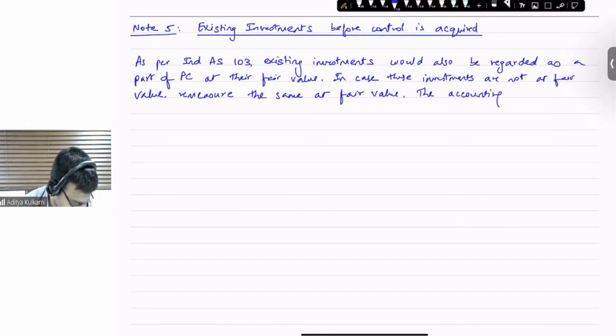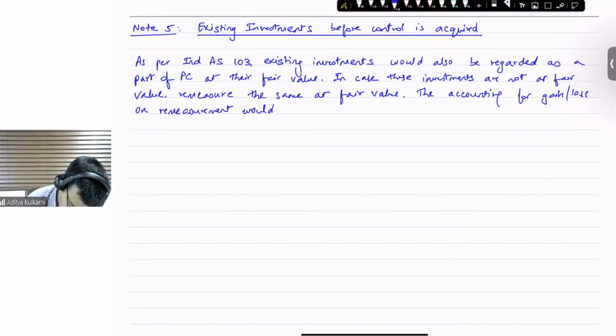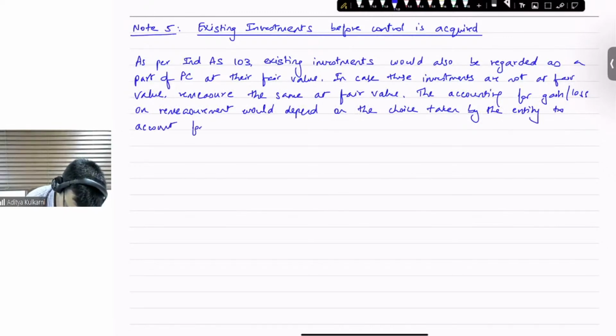The accounting for gain or loss on remeasurement would depend on the choice taken by the entity to account for the investments.